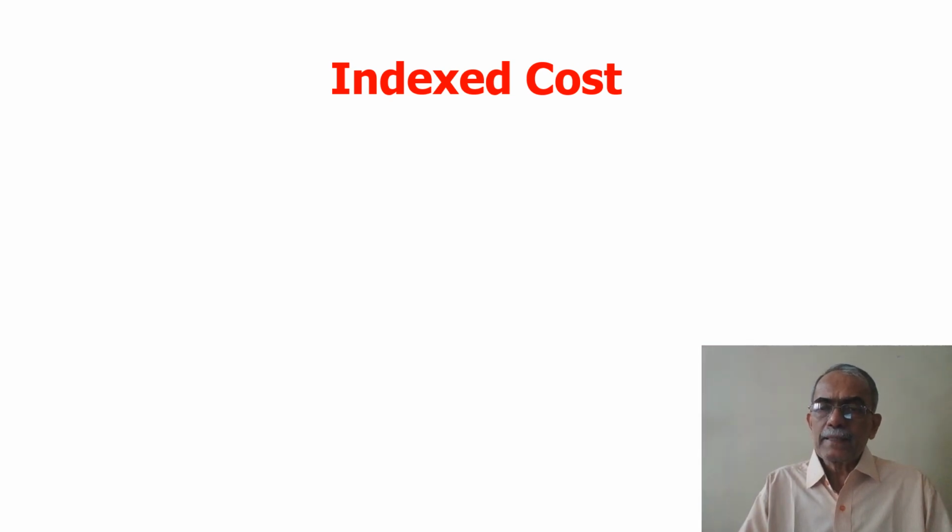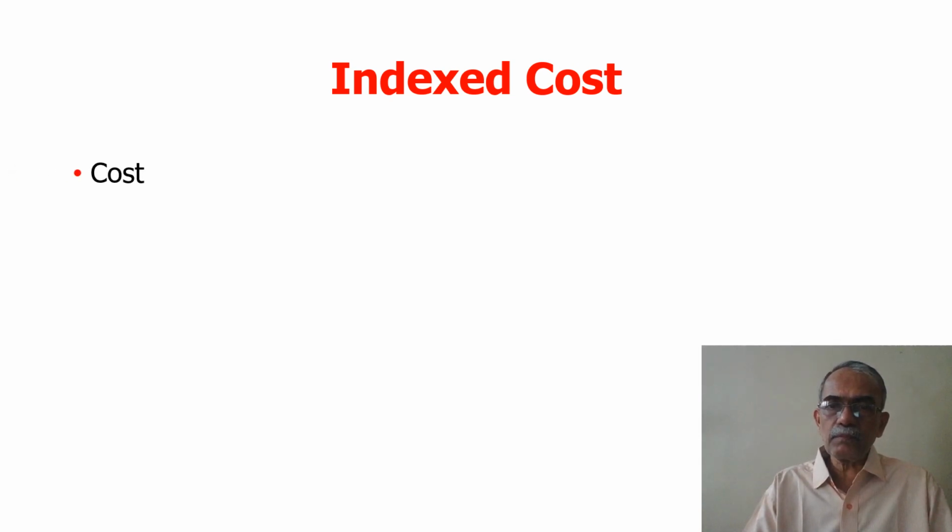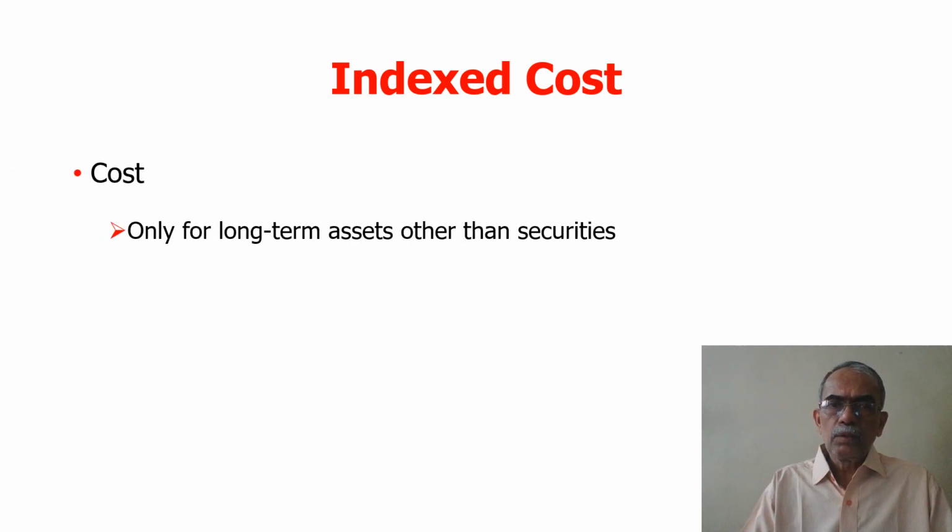But when assets are acquired long back, due to the cost of inflation, the value at which the asset was acquired gets reduced drastically. That is why this concept of indexed cost has come in. Now, this indexed cost would be applicable only in the case of long-term capital assets, that is, when I get only a long-term capital gain.